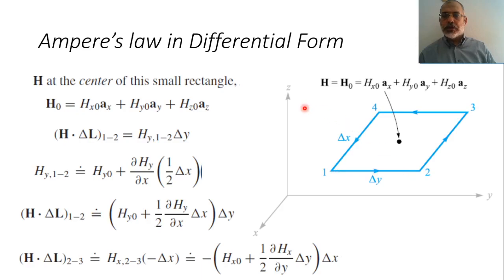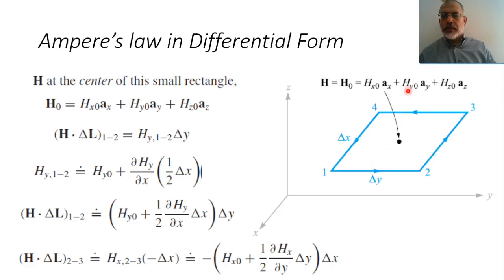So H dot dl in this case will be simply the y component of the magnetic field multiplied by the length delta y. But the magnetic field at the arm 1, 2 is not the magnetic field at the center, because we already have moved along the x-axis by a distance equal to delta x over 2.